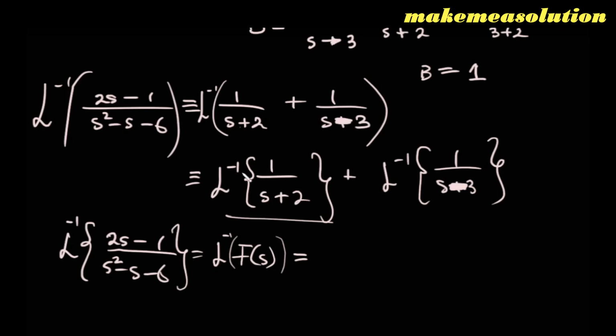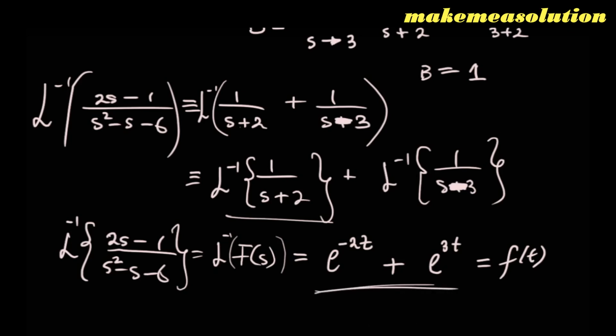So the Laplace inverse of 1 over s plus 2 gives you, of course, exponential minus 2t. Is that okay? And plus the Laplace inverse of 1 all over s minus 3 gives you exponential 3t. So we have gotten our f of t. The Laplace inverse of f of s gives you an f of t in this form.